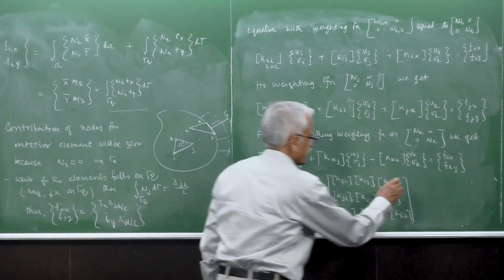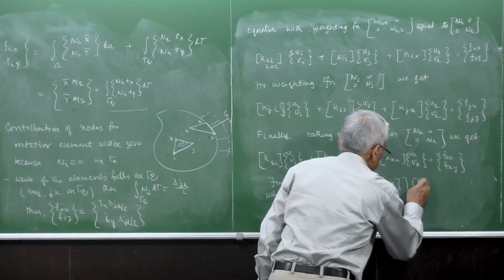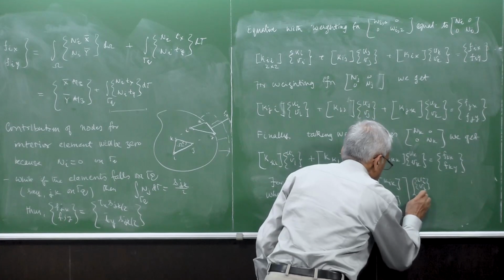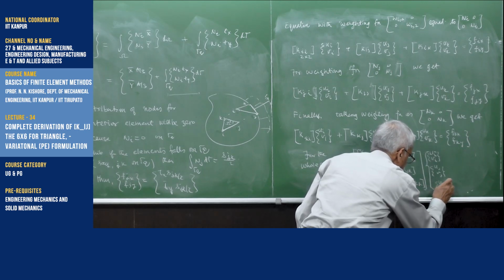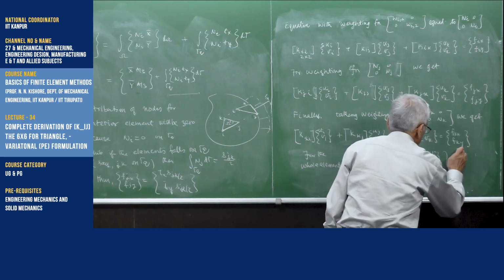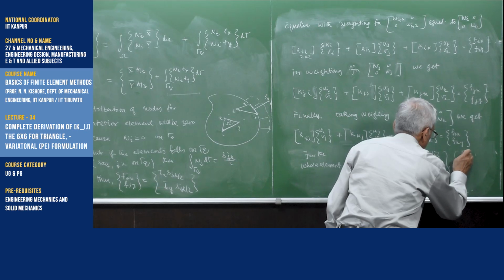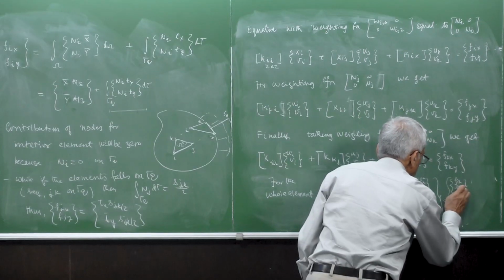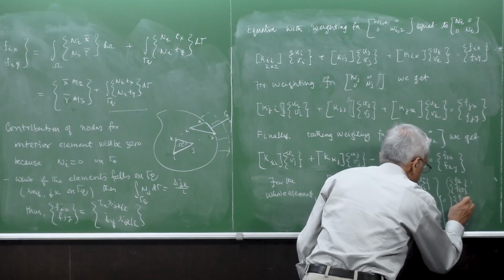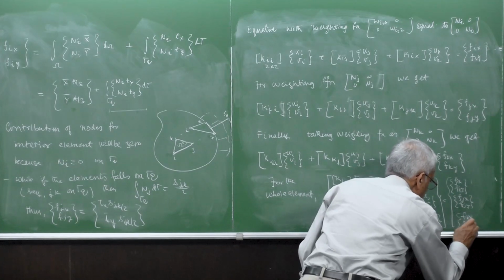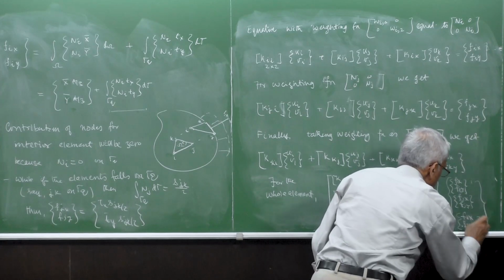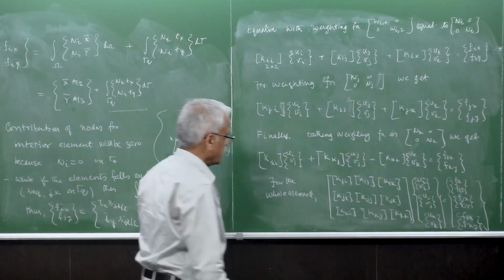So we can put all of them together. Jx is Jy. Okay, so this is for the element.